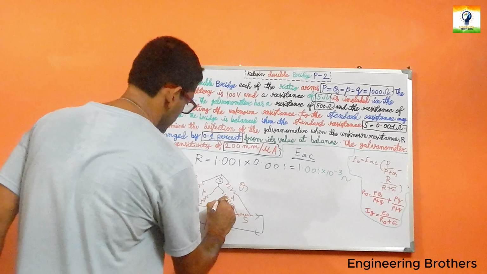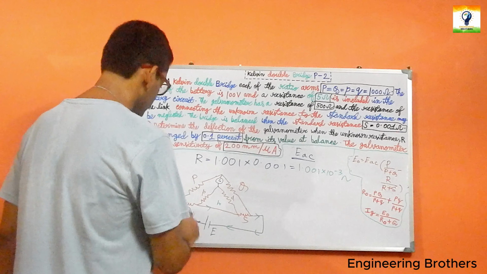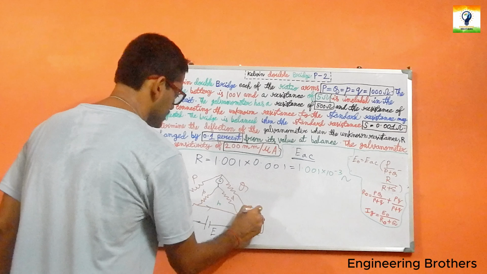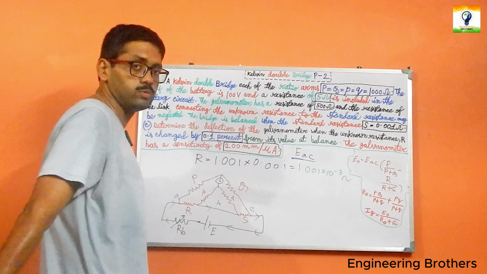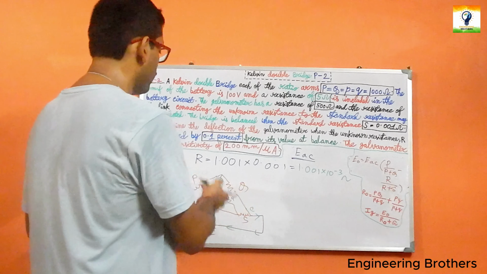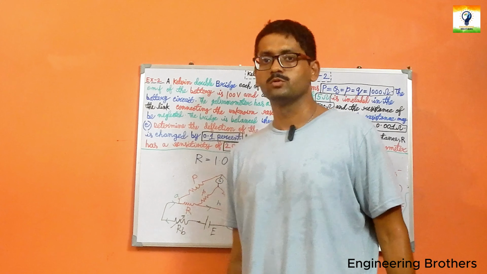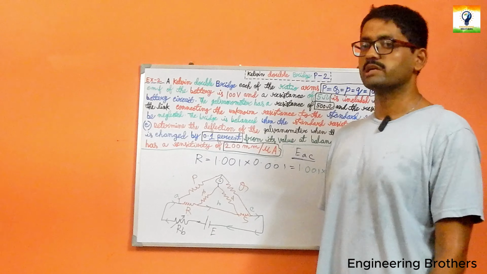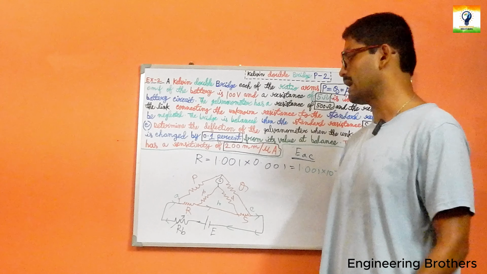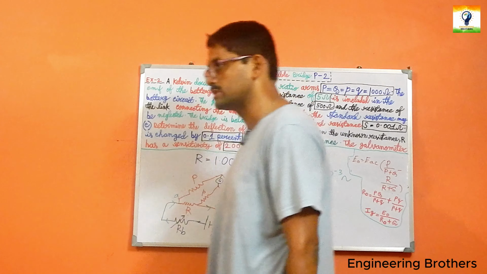So this one is our small r. Now here this is our A point, this is our C point. We need to find out the voltage drop across this AC point over here. We need to apply the voltage division rule. And what is the voltage division rule? I have already told you in our previous classes for our circuit theory videos. If you have missed our previous videos, do follow our videos regarding the voltage division rule.